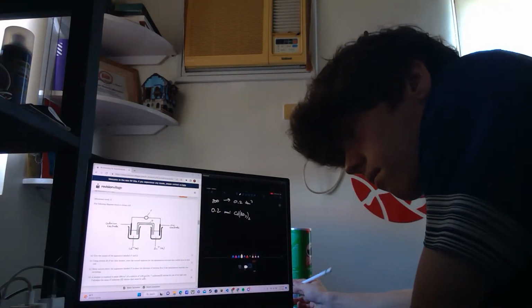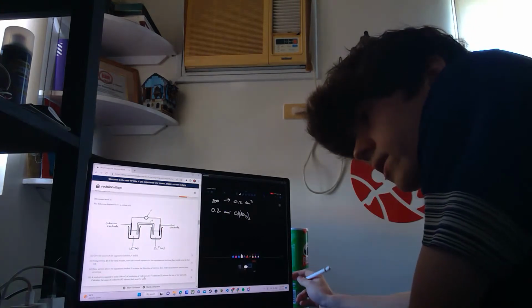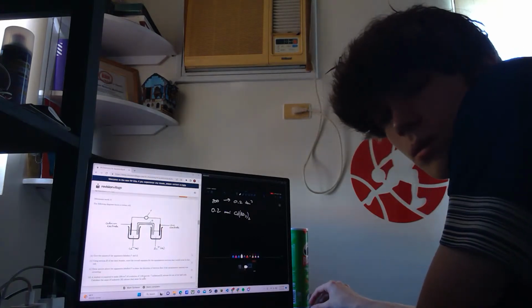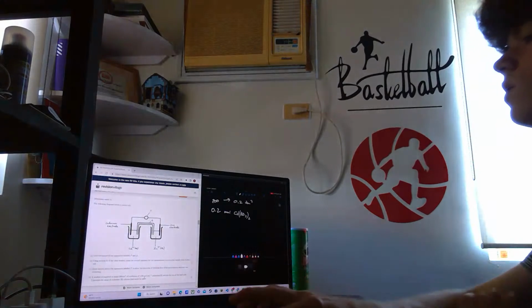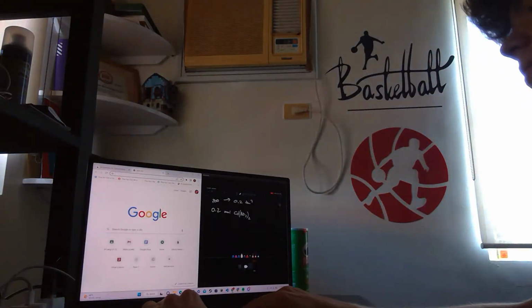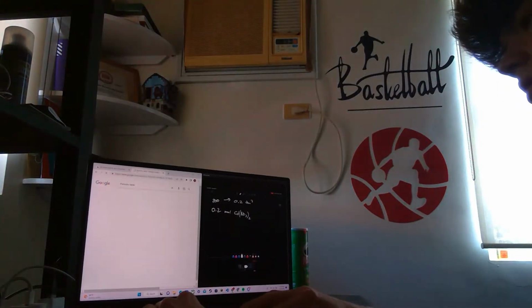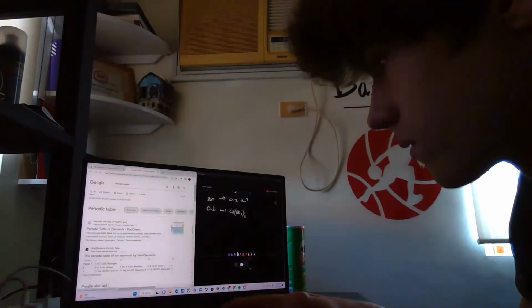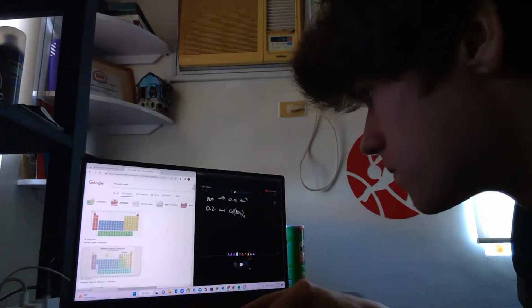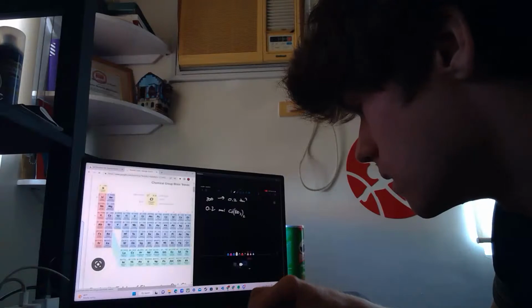And then the mass of nitrate that must be used. So pull up a periodic table. What is the mass of cadmium? Let's see, Cd, cadmium.